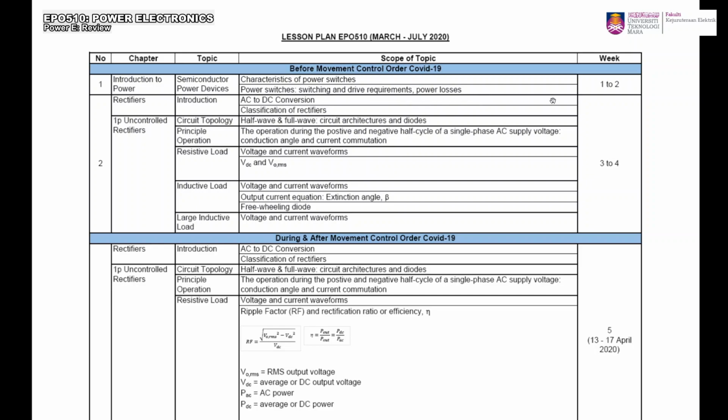First week, second week, we discussed the introduction of power electronics, and then we moved into AC/DC. Just before the MCO, I think we covered the single phase half wave rectifier and the inductive load, R plus L, and then we have this extinction angle.